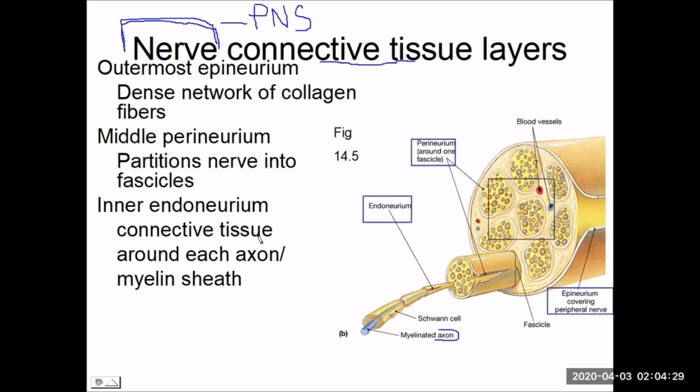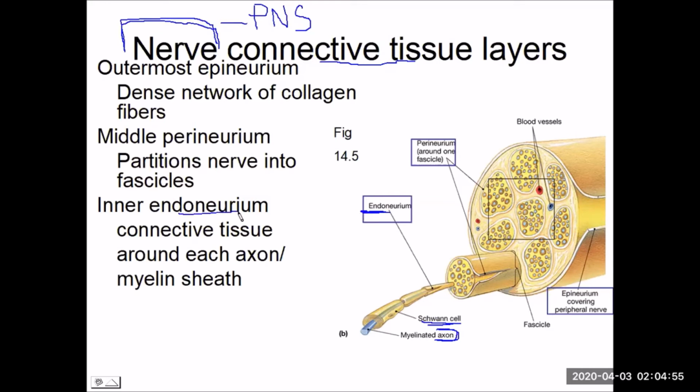So it'll be nice to start at the smallest scale. We can see here we have an axon in the peripheral nervous system. The myelination is afforded by a Schwann cell. And then wrapped around the Schwann cell, wrapped around the myelination, this deep layer of connective tissue is called the endoneurium. Notice that prefix, endo, the deepest internal layer.